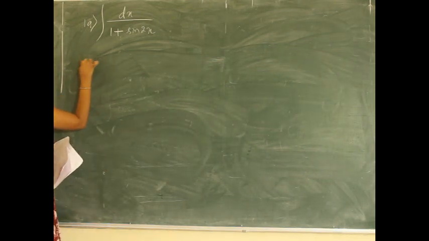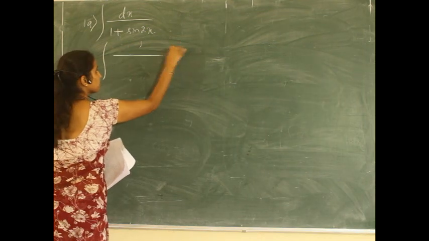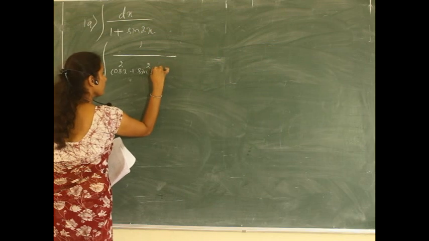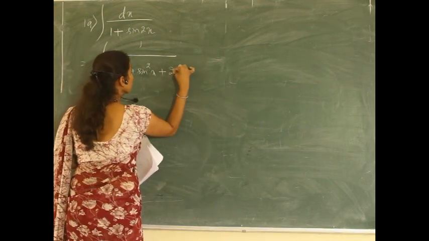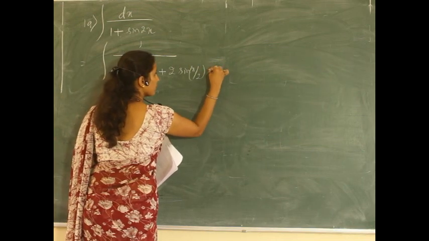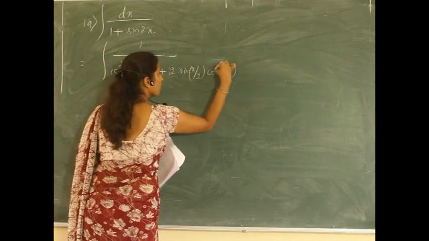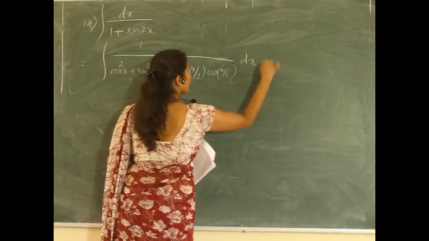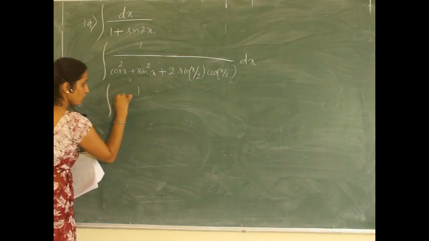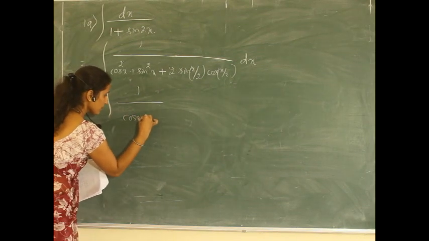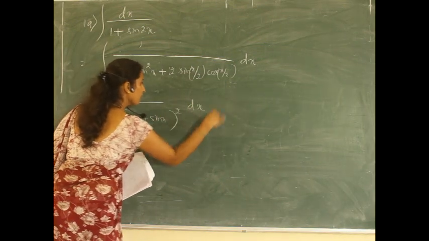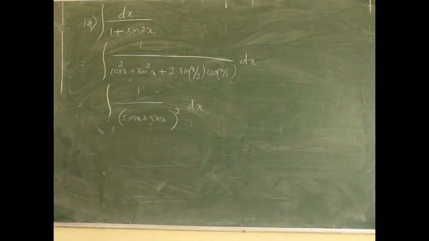So this becomes integral of 1 by cos square x plus sin square x plus 2 sin x cos x dx. So this becomes integral of 1 by (cos x plus sin x) whole square dx.